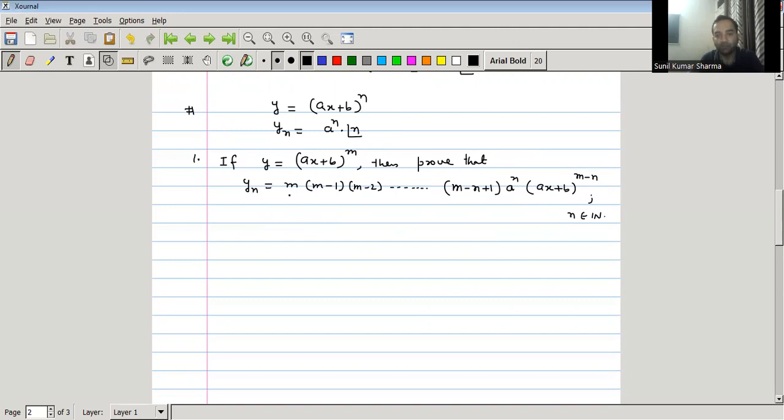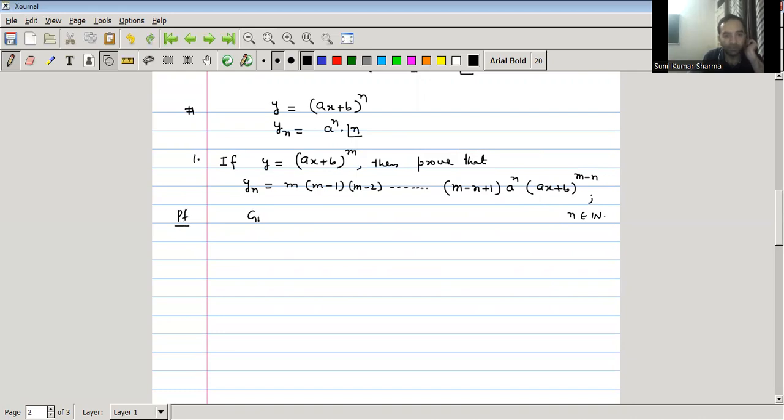If m and n both are the same, then we get a to the power m into m factorial. But if m is greater than n or n is greater than m, then the result may be different. But we have already discussed this, right? So let us find it. We use the principle of mathematical induction to find the solution of this.